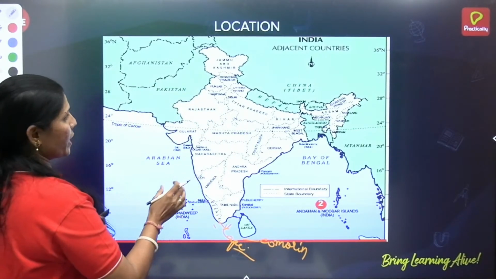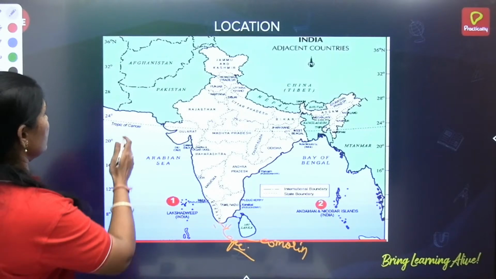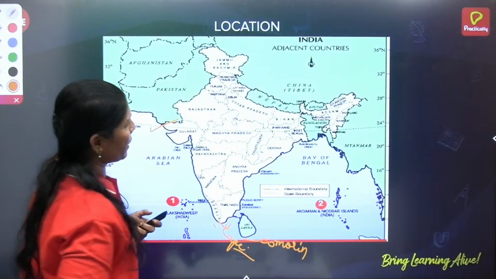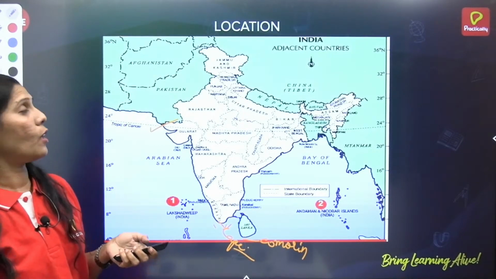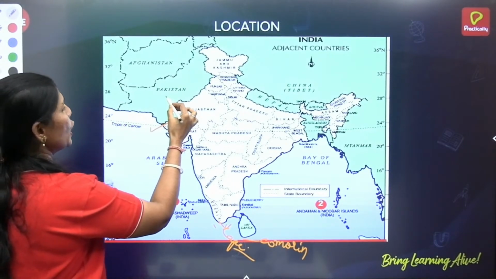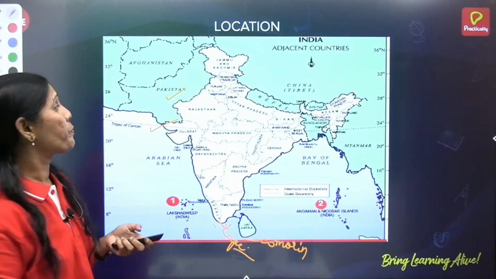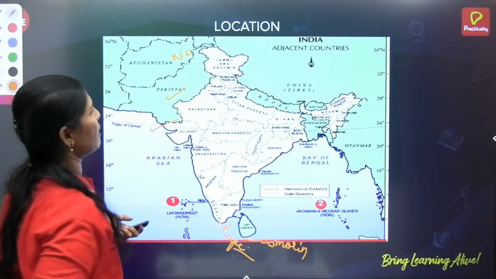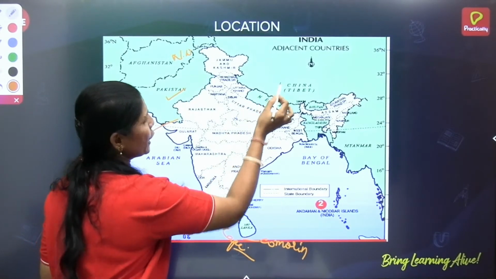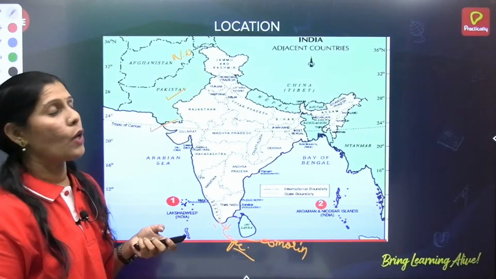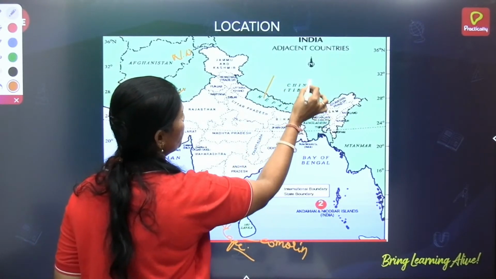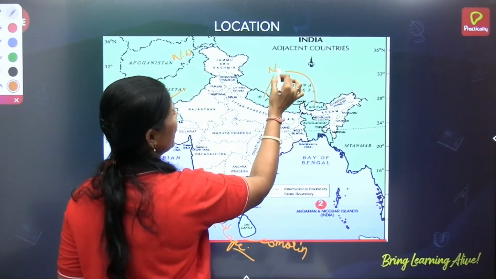And you can find the Tropic of Cancer here, and how these neighboring countries are placed. Let us have a look at the neighboring countries. We see Pakistan in the northwest, Afghanistan in the northern direction, and Nepal and Bhutan completely north.